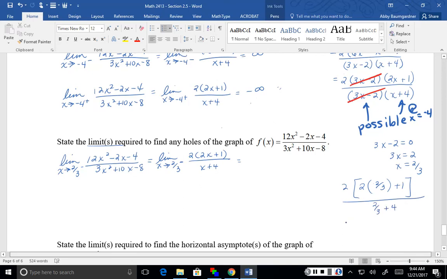So that's 2 times (4/3 plus 1), so 4/3 plus 1 is 7/3, and then 12/3 plus 2 is 14/3. Oh, that's 14/3 over 1, the limit as x approaches 2/3 from the right.